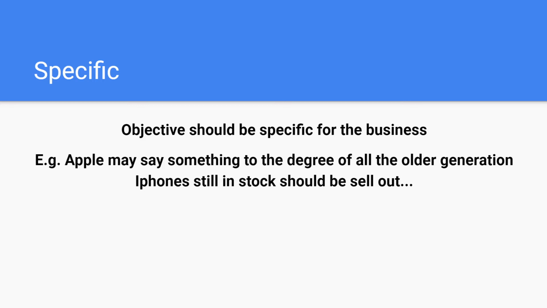You can see that this objective is clearly specific for the Apple business as they are selling those iPhones. So the box for specific is ticked in this example.